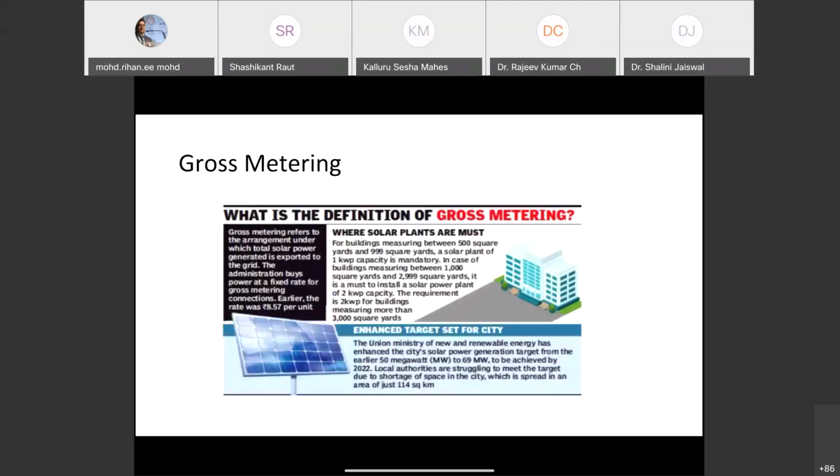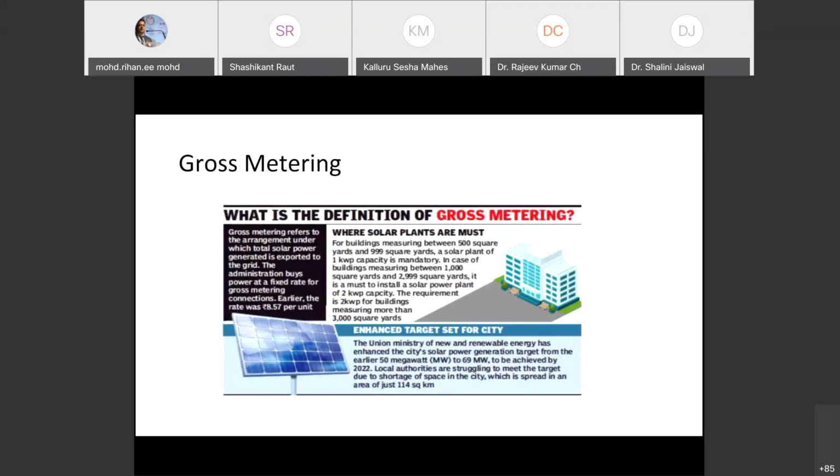On the other hand, as the technology is being adopted on a wider scale, of course the government is not planning to have a large number of gross metered systems. Australia has a very good deployment of solar PV.